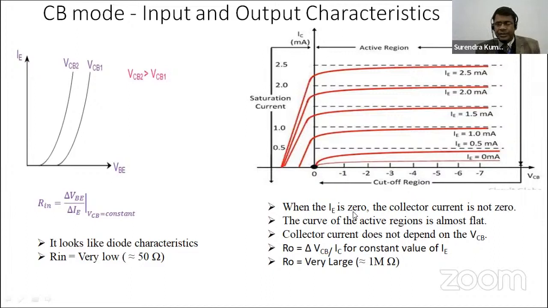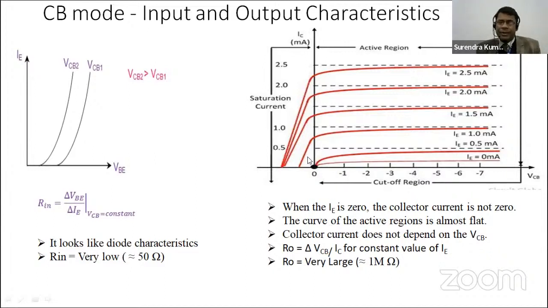Already this point we have discussed in previous slides: if emitter current is 0, only leakage current will flow in the circuit, and the direction of that leakage current is collector to base and is denoted by ICBO. And this is the graph for which the leakage current is flowing and emitter current is 0 milliampere. The curve of the active region is almost flat.